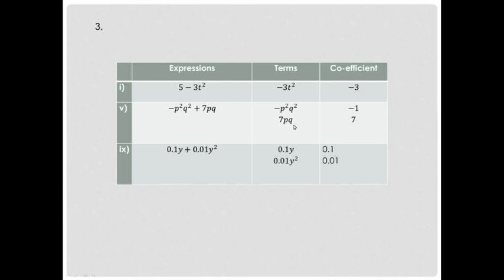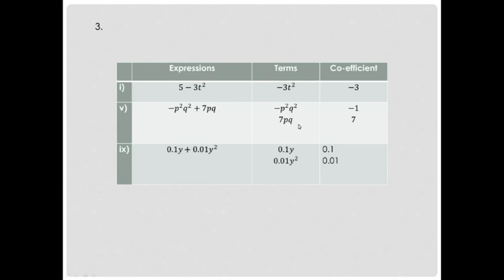So here, p square q square is the variable. There is no visible numerical value here, but if there is no numerical value as a coefficient, we have to remember that there is always 1 before it. So if there is minus here, that means minus 1 is here. So the coefficient is minus 1.